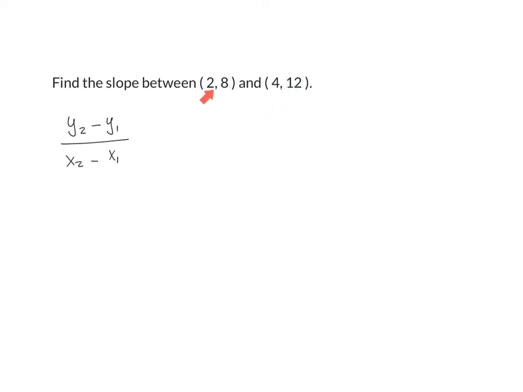Now, whenever you're given a pair like this, your first number will be your x, your second number will be your y. This is technically the first point just because it's on the left side. So what I'm going to do is write x1, y1.